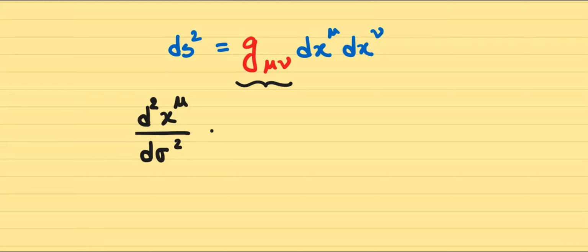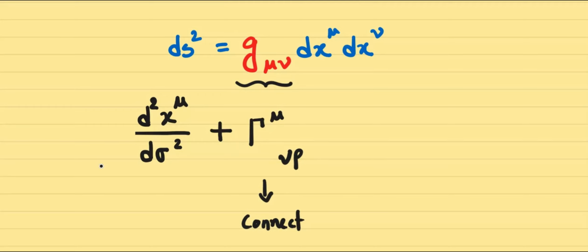So then this is the first part, which is akin to acceleration. And then we have gamma mu nu rho. And these are called the connection coefficients.